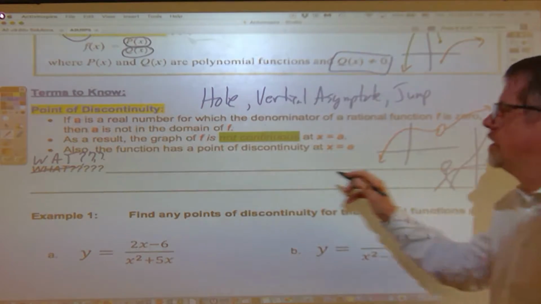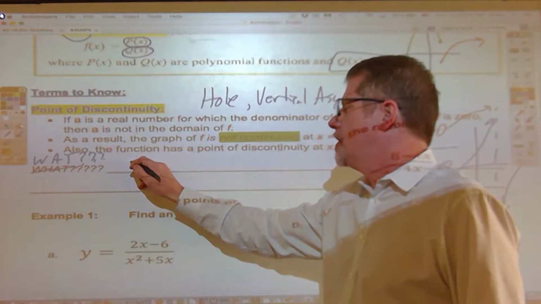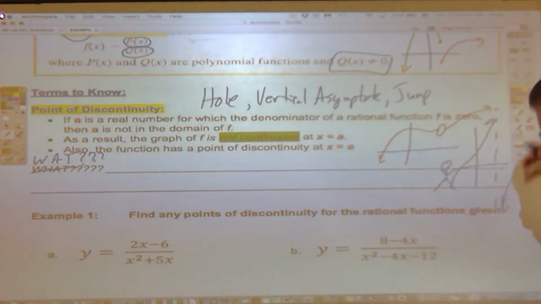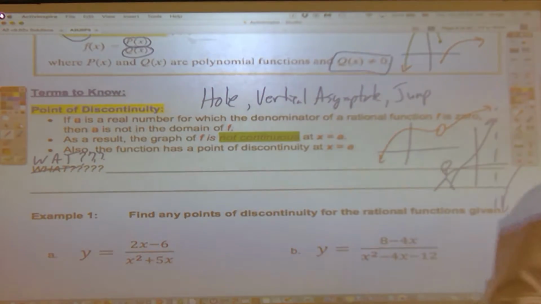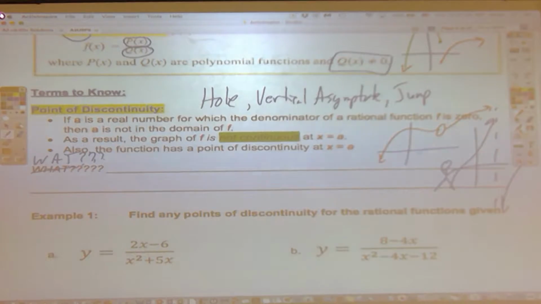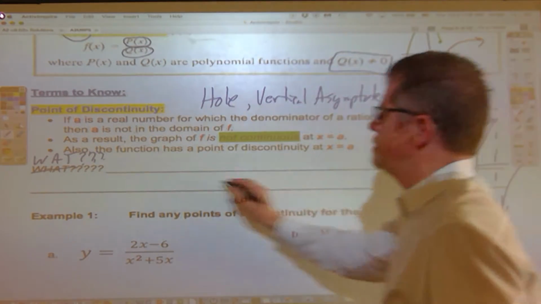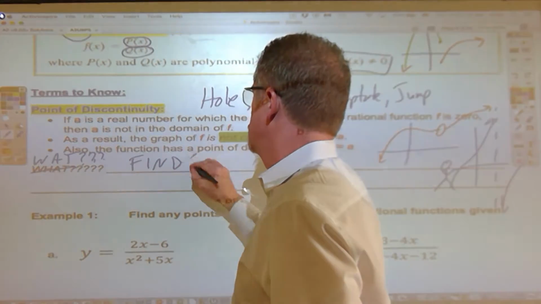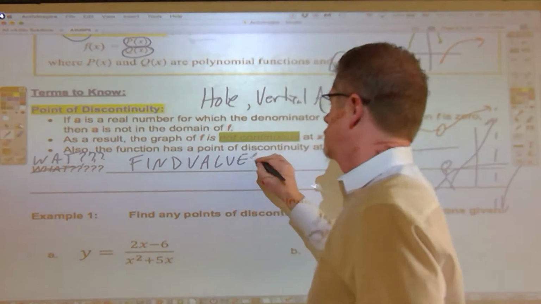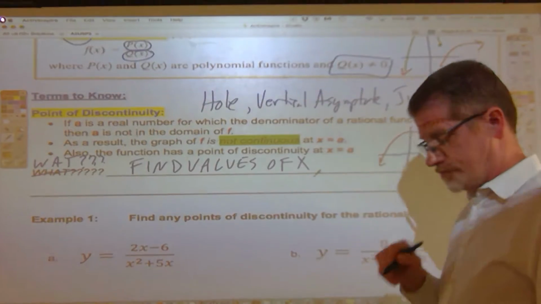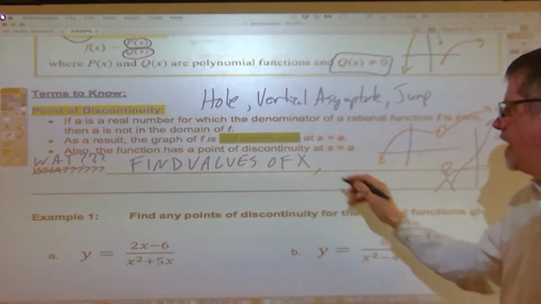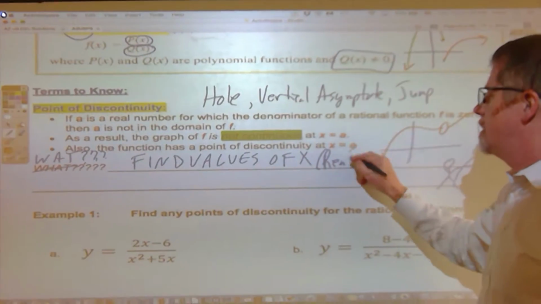So, the bottom line is that what you need to know for finding the locations of these discontinuities is that you're going to have to find values of x, and they've got to be real numbers.